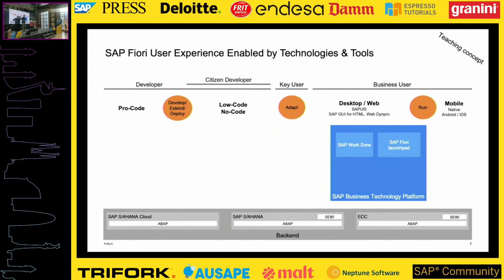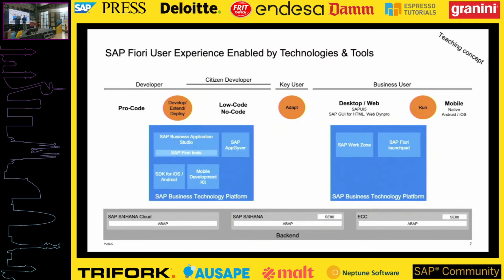And what we do, the business user in the web would need to launch applications. So we have entry points to do that, and we'll talk about that. For example, the SAP Workzone and SAP Fiori Launchpad. So these are entry points for the business user to call up applications. To build applications, we have various different tools. You can see here both are on Business Technology Platform. So even if you're, for example, developing Fiori apps for your on-prem systems, it's happening in the cloud on BTP.